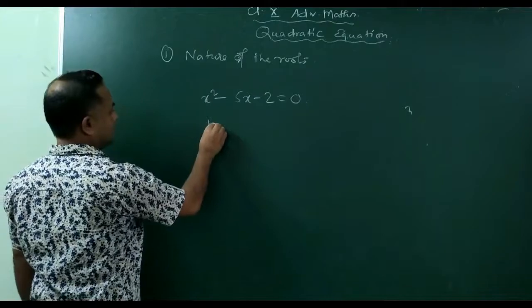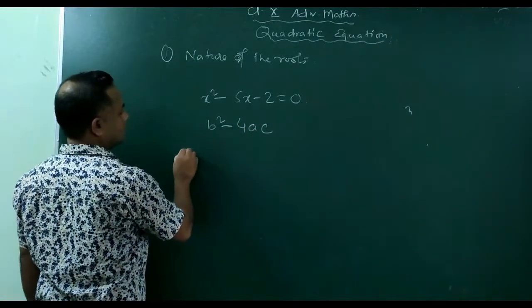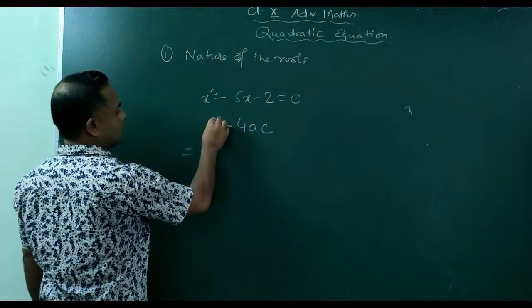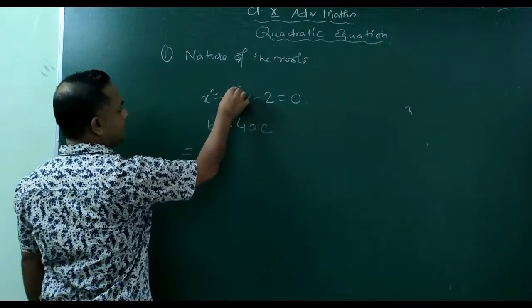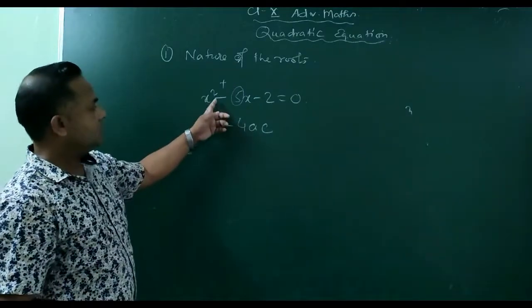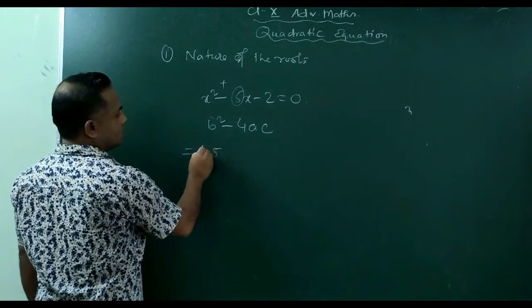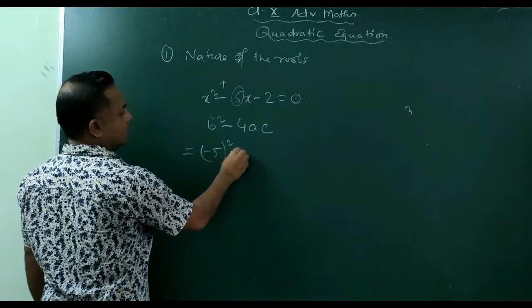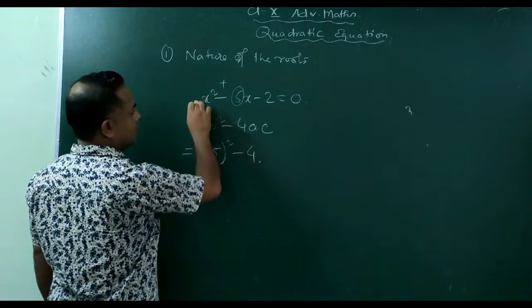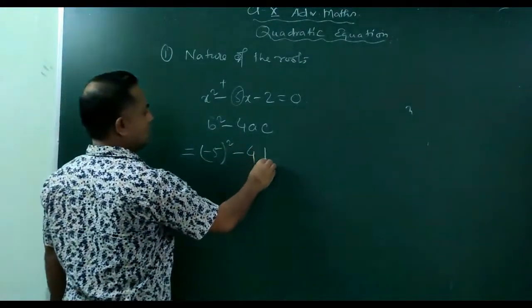To find the nature of the roots, we have the formula b square minus 4ac. In our standard equation it is plus, but here it is minus, so we take b as minus 5. So minus 5 square minus 4 times a, and if there is no number, we take 1.